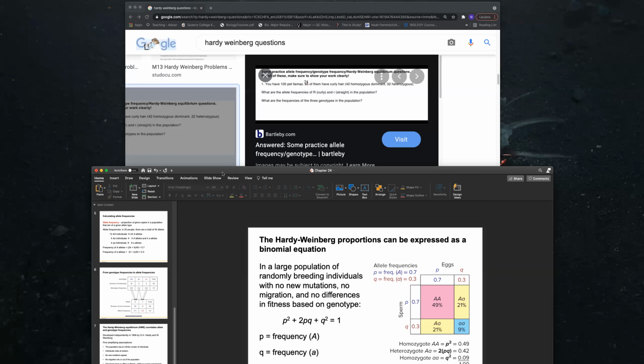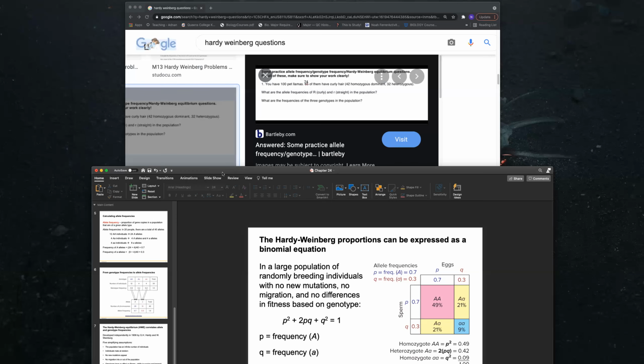Then total amount of little a is Q. But if it's homozygous little a, it'll be Q squared. And then heterozygous will be 2PQ.